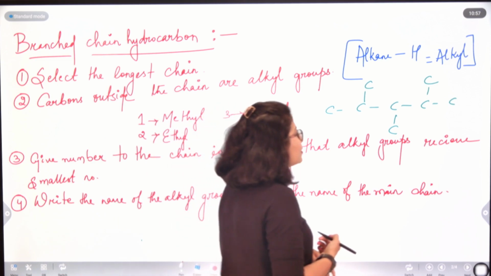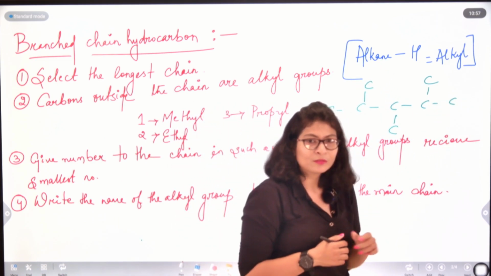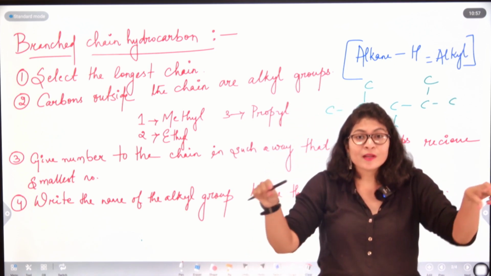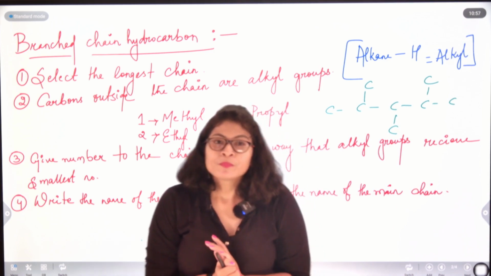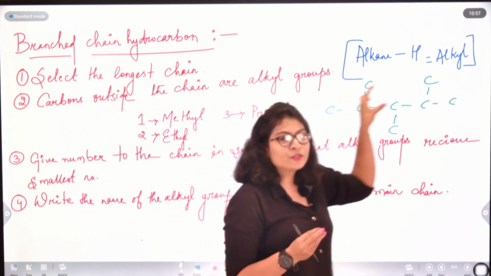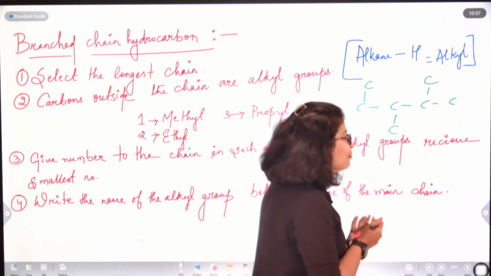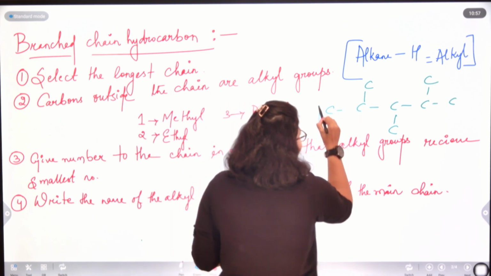So if this is the main chain, these will be the branches, the outlets deriving from the main chain. These are called branch carbon atoms. First of all, I have to select the longest chain. Now the chain can be like this. It can be a straight chain.